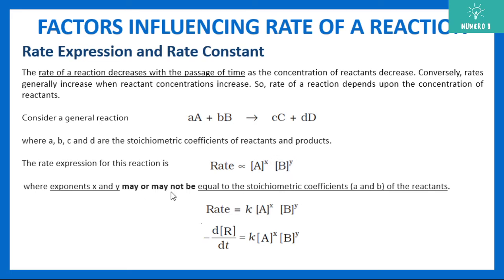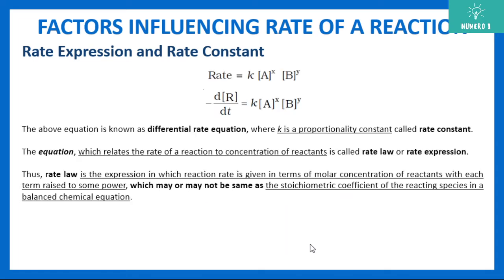Very important. If you want to remove the proportionality sign, you have to introduce a constant. So rate is equal to k times [A] raised to X, [B] raised to Y. Since we are talking about the disappearance of A and B, the rate is minus d[R]/dt equals this.